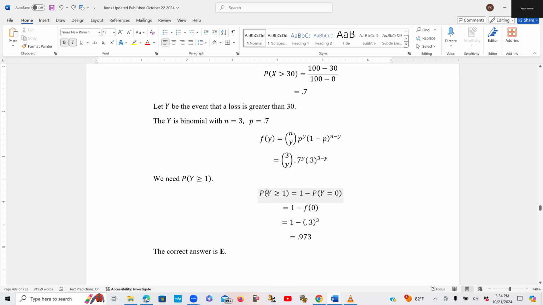So the probability that Y is greater than or equal to 1 equals 1 minus the probability that Y equals 0. And that's 1 minus f of 0. When you put y equals 0, 3 choose 0 is 1, 0.7 to the power 0 is 1, and only this part contributes: 0.3 to the power 3 minus 0 equals 0.3 cubed. So 1 minus 0.3 cubed ends up being 0.973. That is choice E.